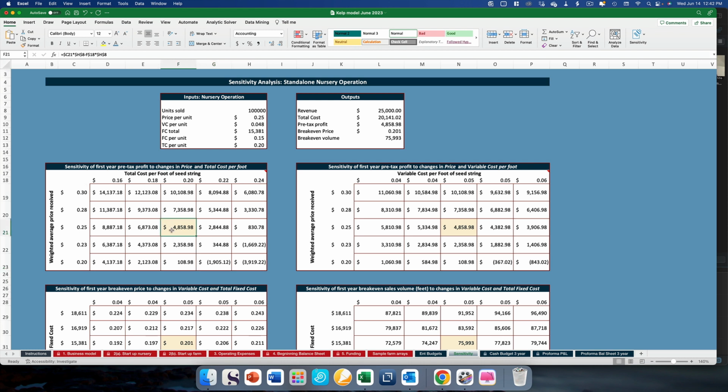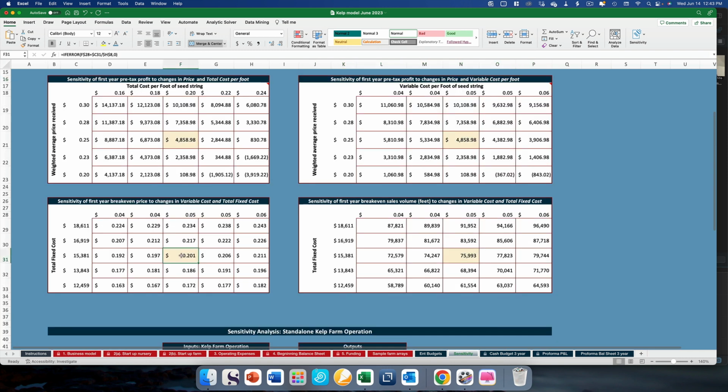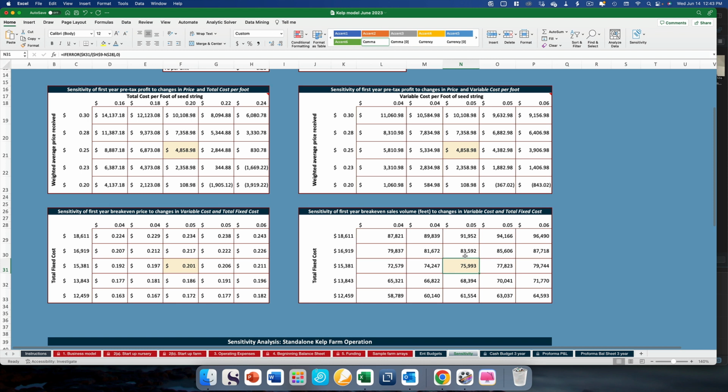Okay, we did this for changes in price and total cost, changes in price and variable cost, and then changes, let's see, break-even price. So what happens to my break-even price if I change my fixed cost and my variable cost? And what happens to my break-even sales volume, or feet, to changes in variable cost and fixed cost? So that is a sensitivity analysis.